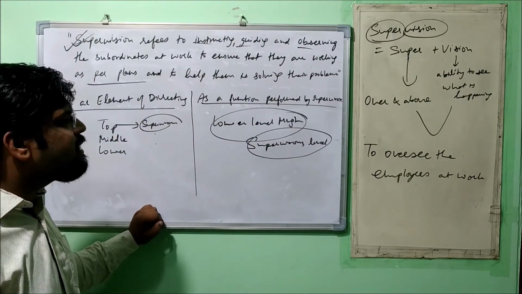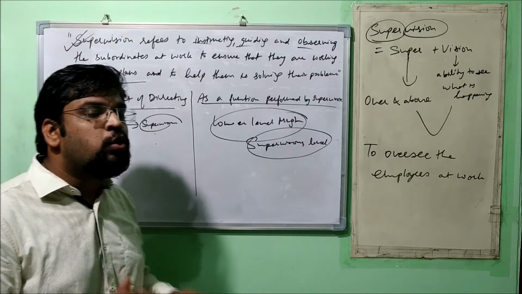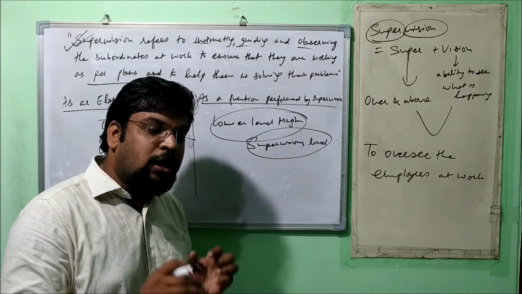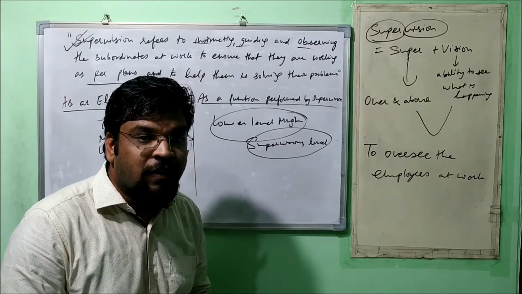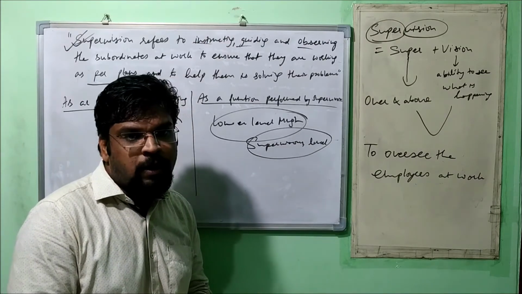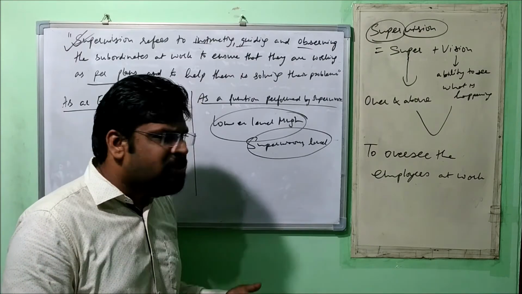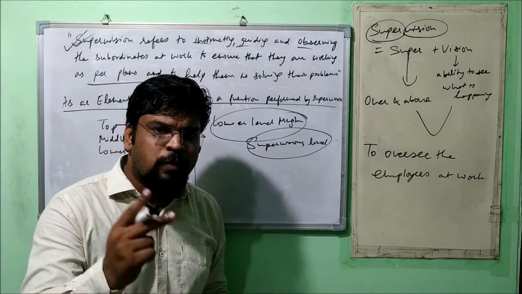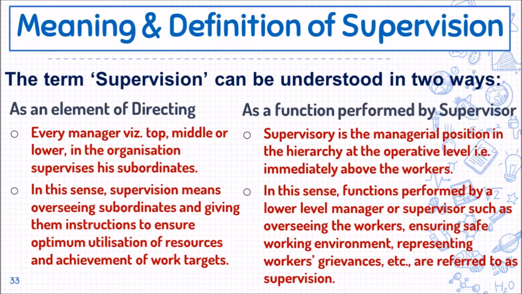Because the supervisor is the lower level management and he is the only one who remains in direct touch of the workers, he knows pretty well how the things are happening on the ground level and what are the problems. So that is why his role becomes important. Already we have learned it, that's why I am not repeating it. But we need to see supervision from two aspects, that's necessary. So understand it.